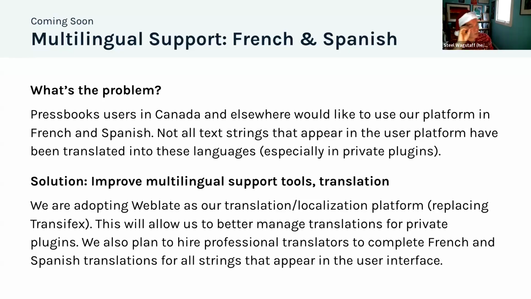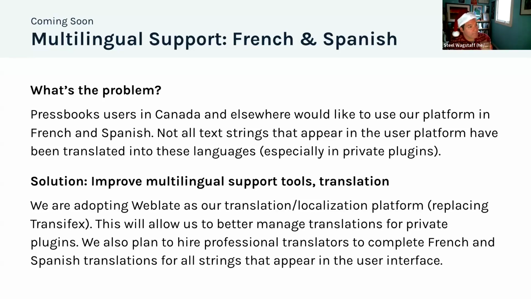So, for example, clone a book is something that shows up prominently when you log into Pressbooks. Well, if you're using it in German, it shouldn't say clone a book. It should say the German equivalent of clone a book. So we're moving to a new translation platform. The big plus of this translation platform is it will allow us to more easily translate our private repositories and some of the stuff that isn't part of the public GitHub world.